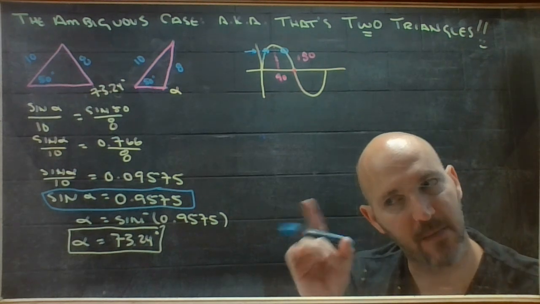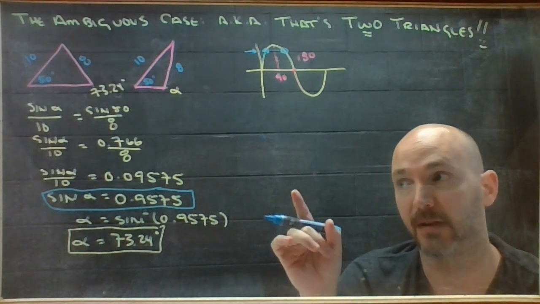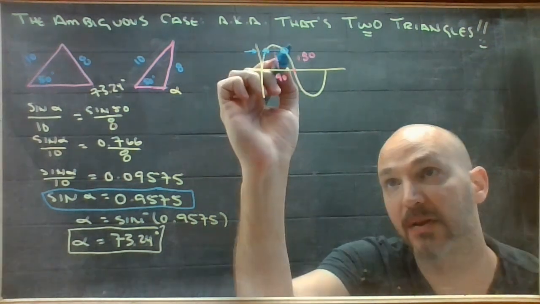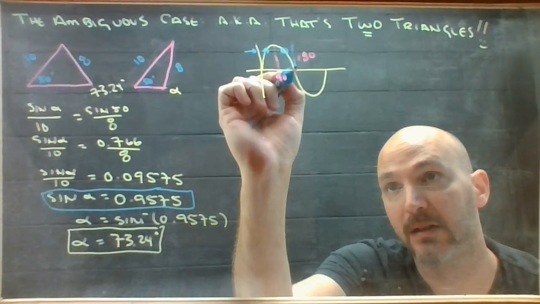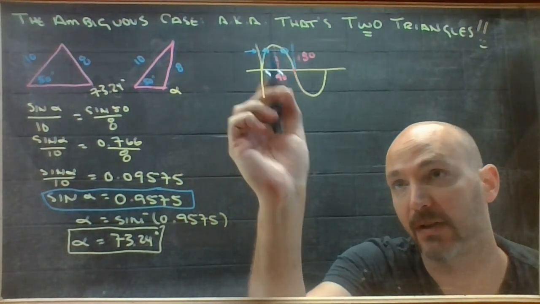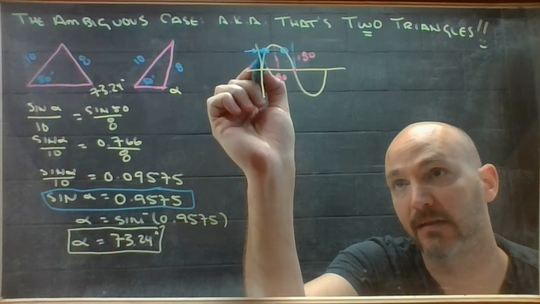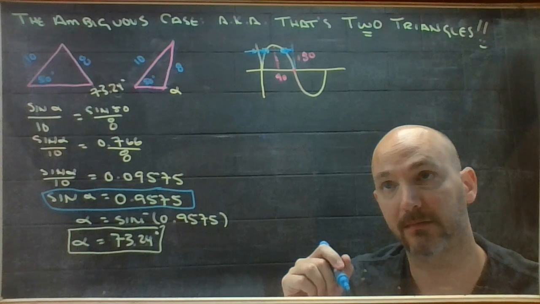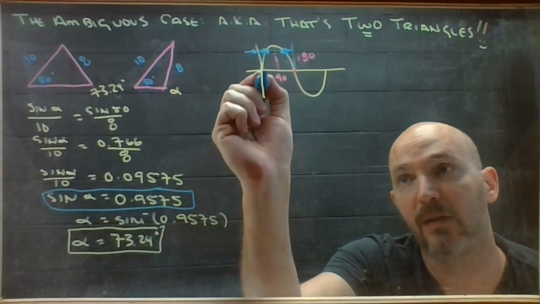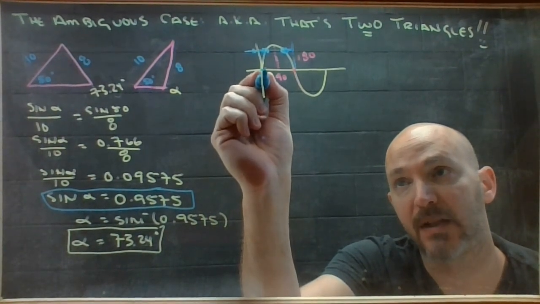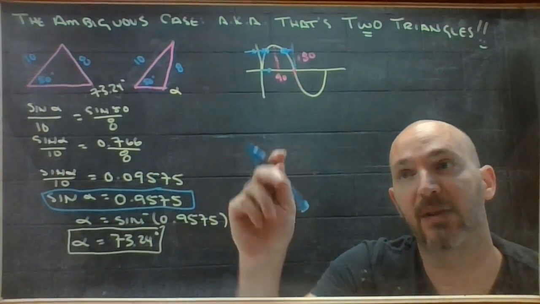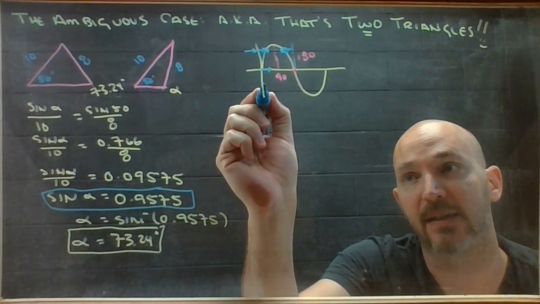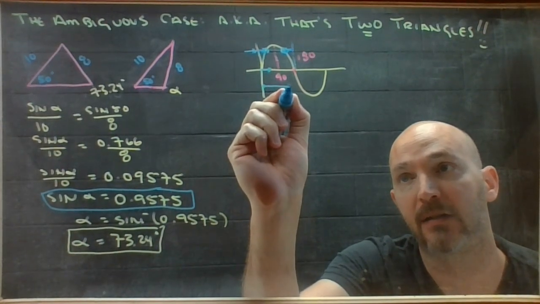So you're going to have to think back to the topic of trigonometry of obtuse angles. And you're going to have to look at this particular diagram and recognize that by symmetry, this distance here and this distance here are identical. So your first solution was go from 0 to 73.24. Your second solution has to go from here to here.